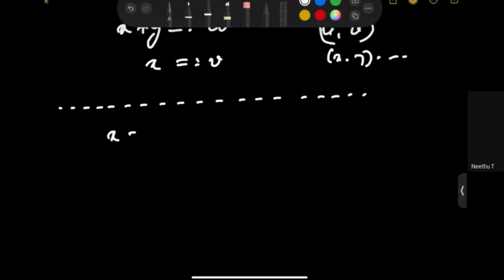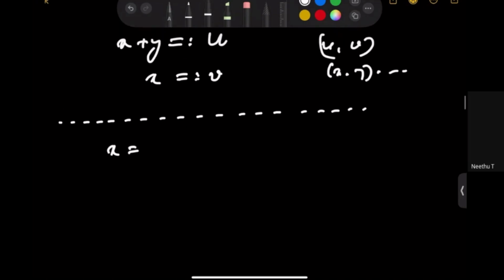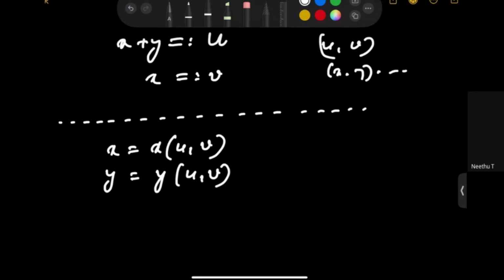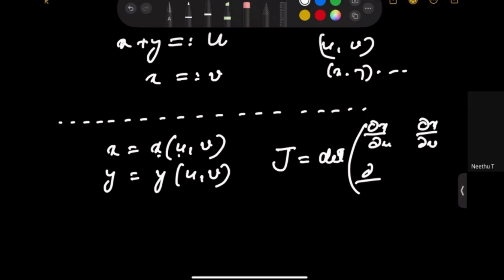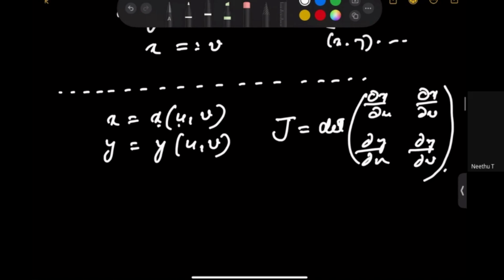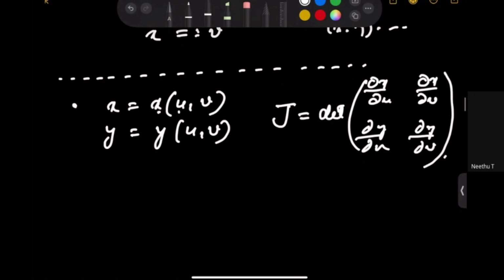If you change variables, if you replace x by u and v, and y by u and v, then the Jacobian J is nothing but the determinant of del x del u, del x del v, del y del u, del y del v. This was the method that I covered last time.